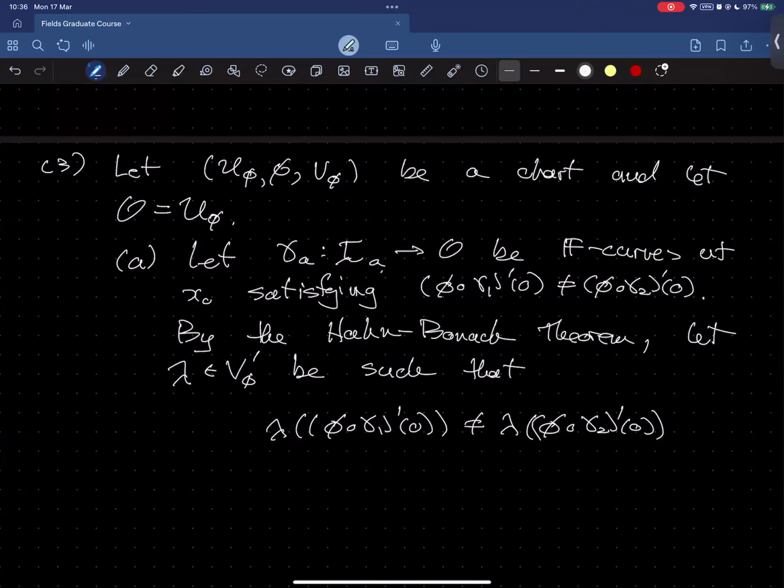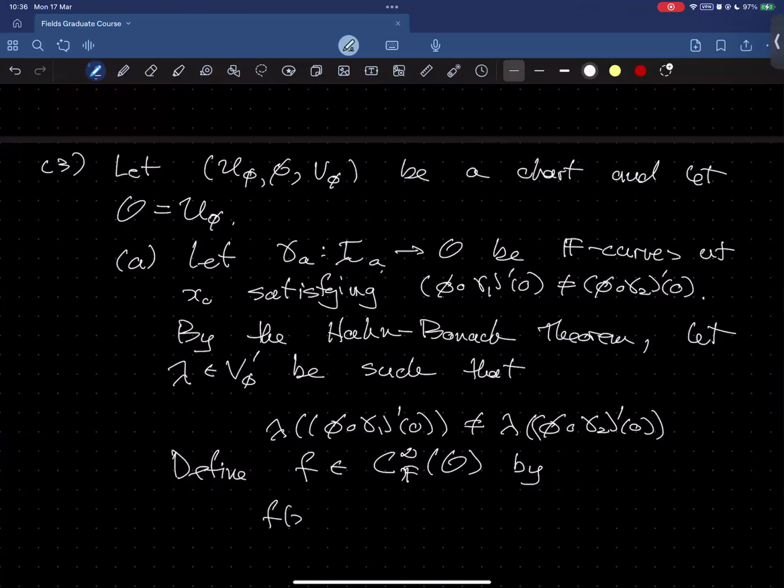All right, so now define f. So f is going to be a function on my chart domain O. In fact, it's going to be C infinity, so it'll be a plus CR. So f is going to be defined essentially by lambda.